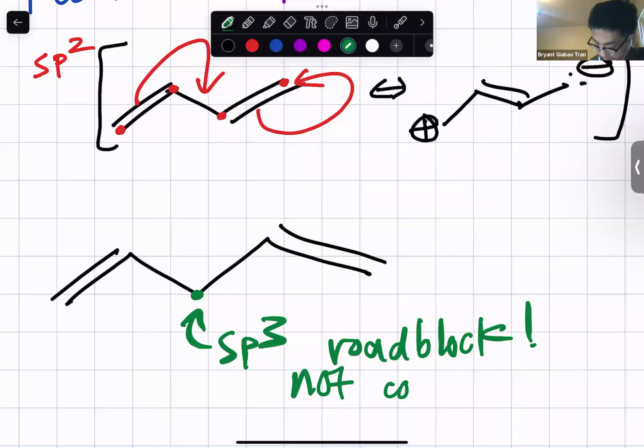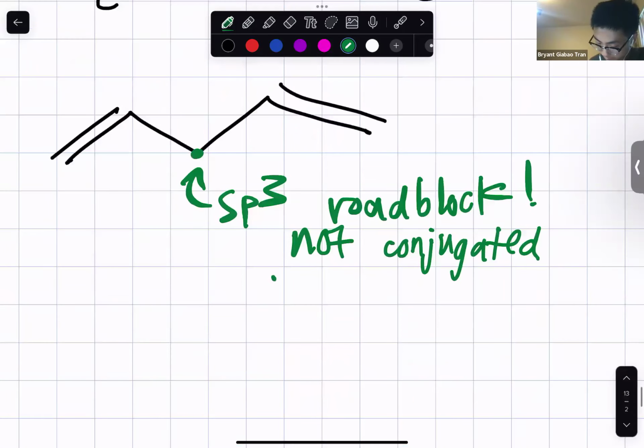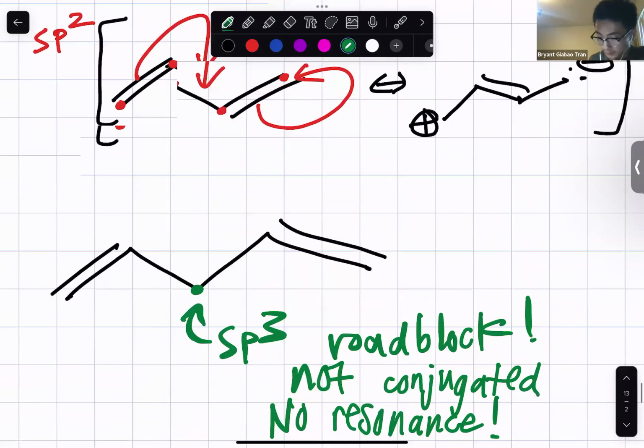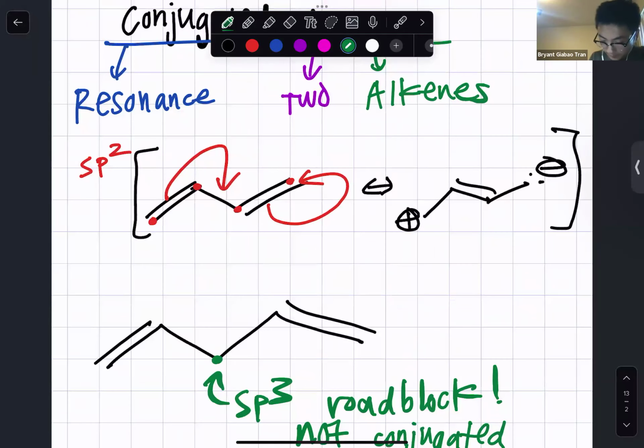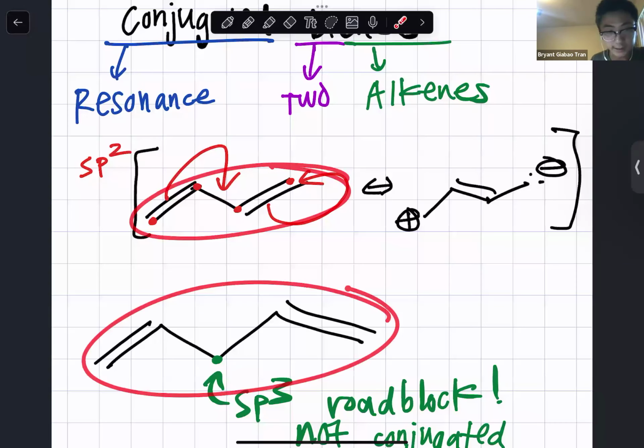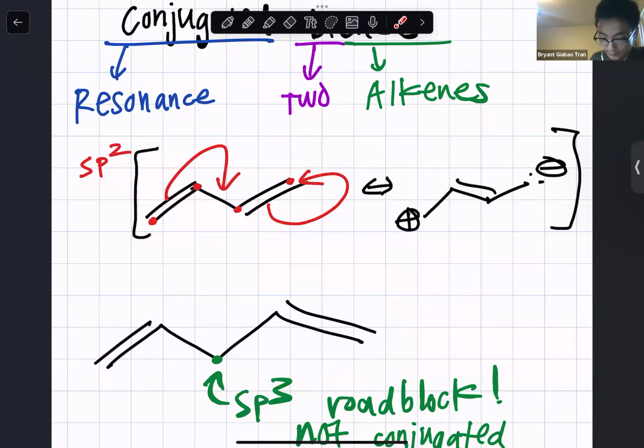Not conjugated. No resonance. Right. So because of that, this conjugated diene system is more stable than this diene that cannot do resonance.